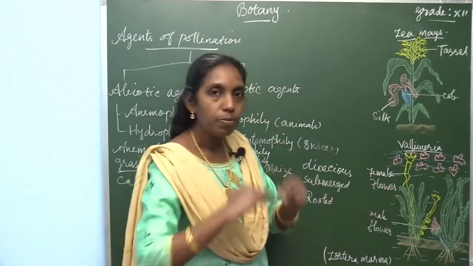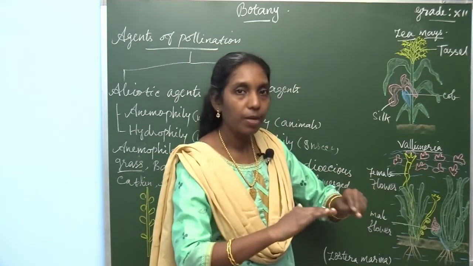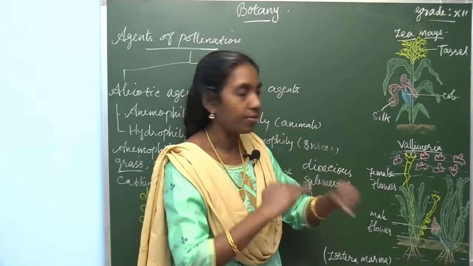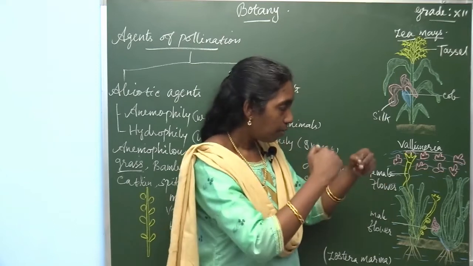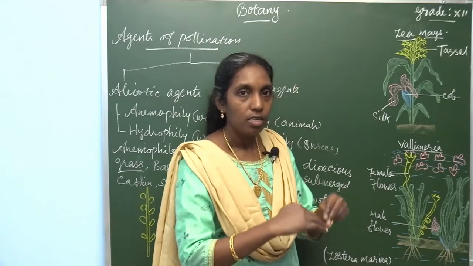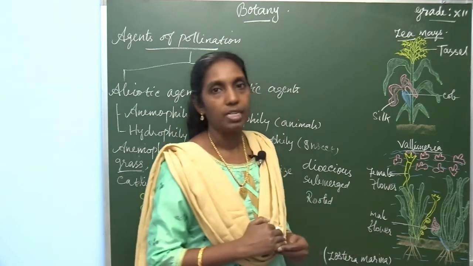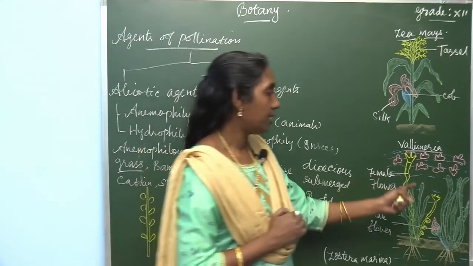Submerged means the plant is immersed in water. It's not floating on the surface, it is present under the water, below the surface of water. So Vallisneria is a submerged, rooted, dioecious plant.